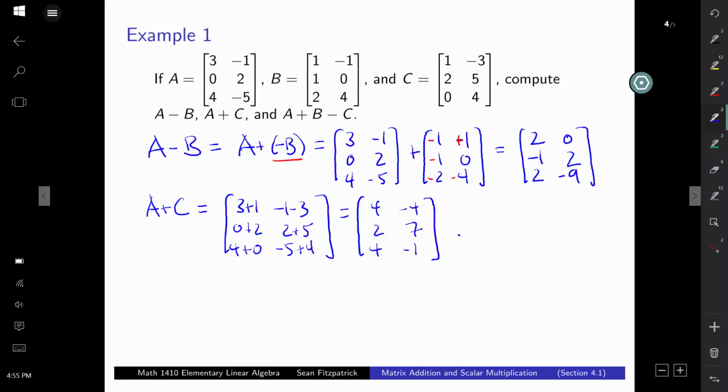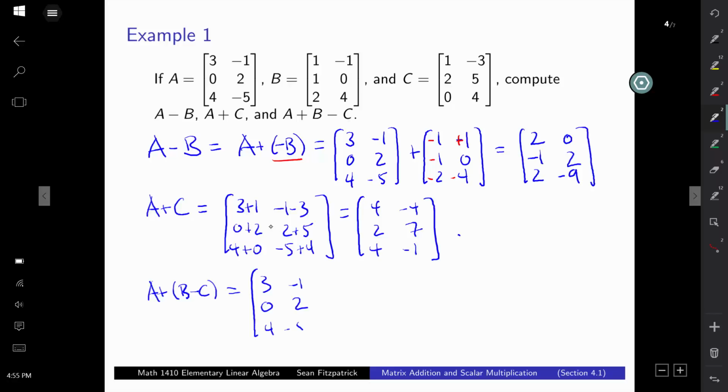If I wanted to do the last one, A plus B minus C, let's do it this way. Let's do it as A added to B minus C. There are a number of ways that we could do this, but here's how I want to do it.